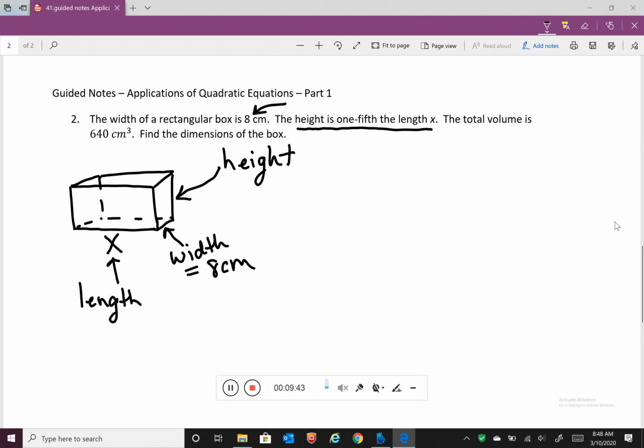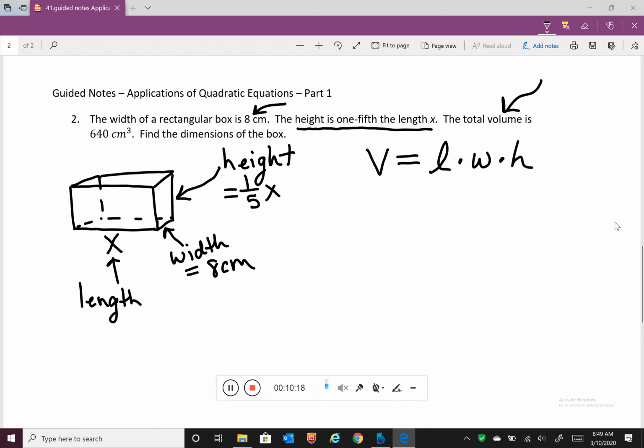So the height is 1/5 the length x. So 1/5 of x. And then the total volume is given as 640 centimeters cubed. Notice again, that helps us understand that this is three-dimensional. It's volume, and our volume formula for a rectangular prism is volume equals length times width times height.